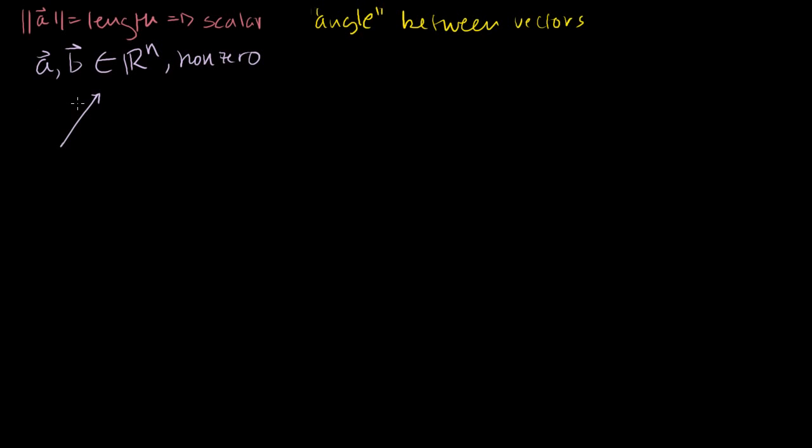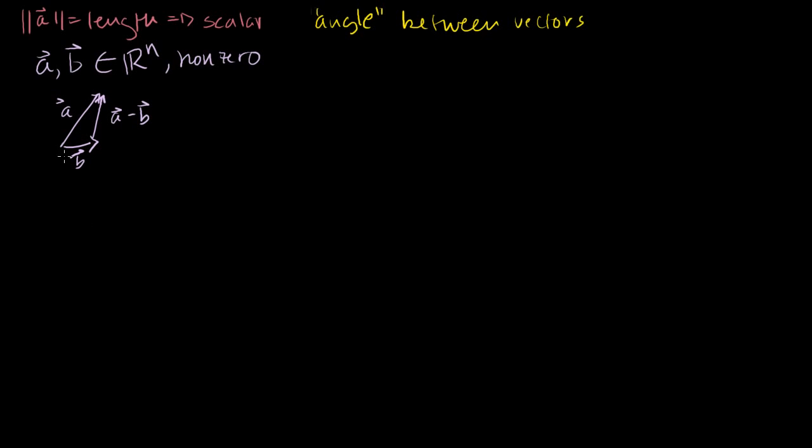So that would be vector a right there. Maybe that's vector b right there. And then this vector right there would be the vector a minus b. And you can verify that, just the way we've learned to add and subtract vectors, heads to tails, b plus a minus b is, of course, going to be vector a, and that all just works out.